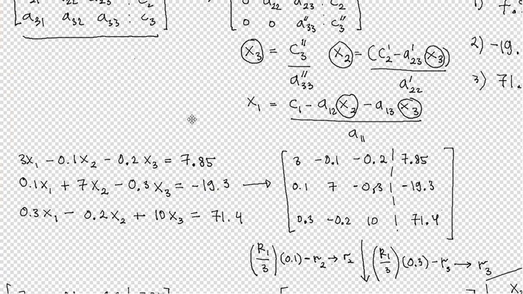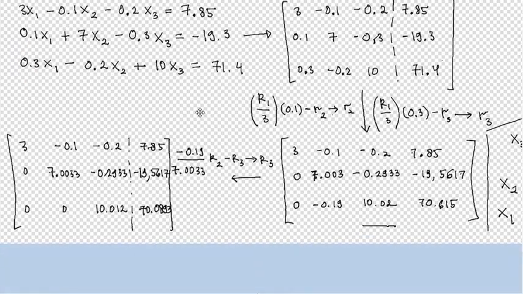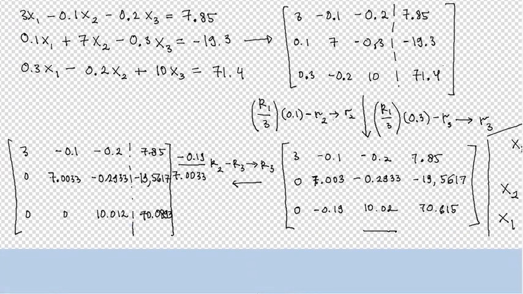Now let us see an example. Suppose I have this linear equation, and then I write the matrix, then this is the matrix. If I use Gauss elimination, then I have to change this matrix into a triangular matrix.